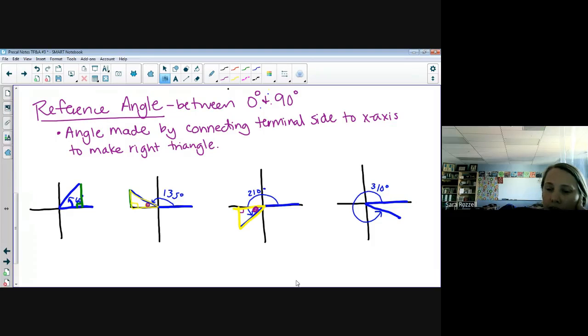Okay. And our last one, go to your terminal point, your last point. You're going to go to the x-axis. This is the triangle that we are using. And here is the theta that we want right in here from that wedge.